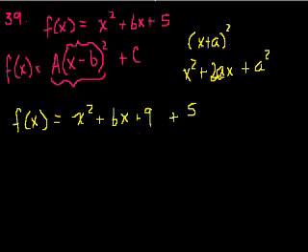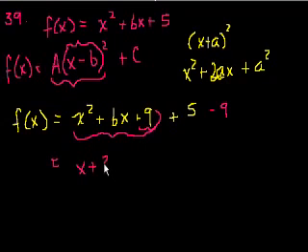So if we added a 9 here, let's just subtract a 9 as well, right? So then we get x squared plus 6x plus 9 plus 5 minus 9. So this part of it is equal to x plus 3 squared. And then this part, 5 minus 9, is minus 4. And there, we got it into our format that we needed.